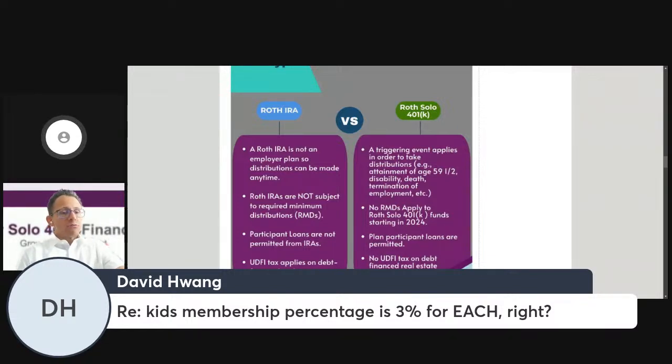And then also the regular catch-up contribution of $7,500 for 2024 and 2025 for those who are age 50 or older.